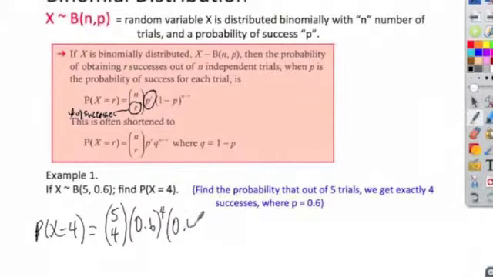And the probability of failure is then 0.4, obviously, has to be the complement, and it's going to be raised to the 1. A lot of the same rules apply in this formula as do in the binomial theorem formula. The exponents have to add up to n. And if you perform this calculation, you get 0.2592.